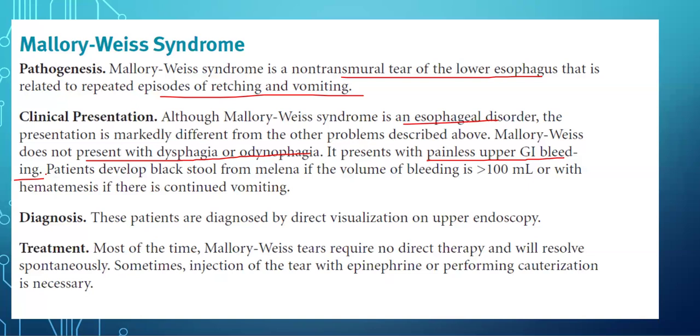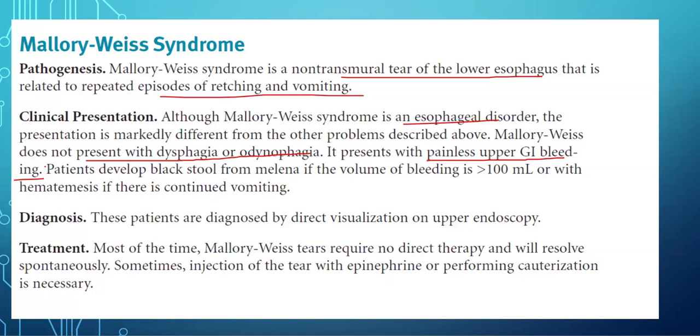And at that time, the patient will have a little bit of bleeding with the vomiting. That is what we call Mallory-Weiss syndrome. So painless bleeding with vomiting. Always remember, first the patient will vomit, then they will have a tear in their lower esophagus, and then they will have bleeding.